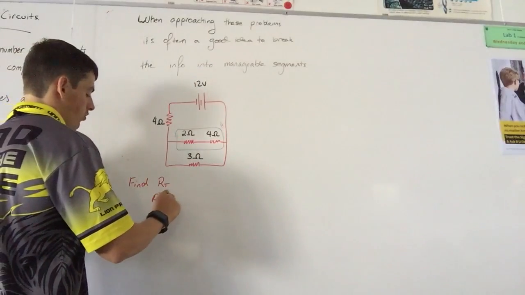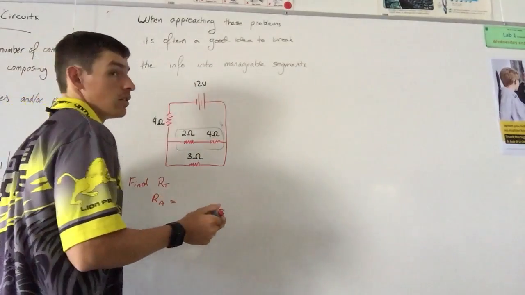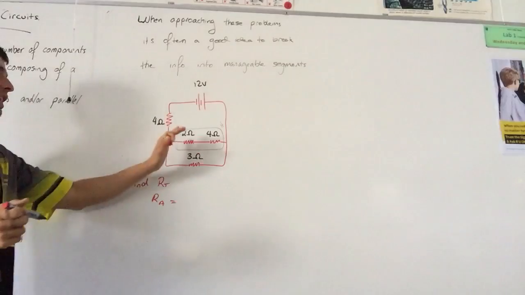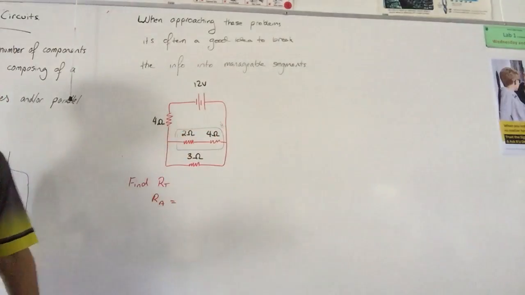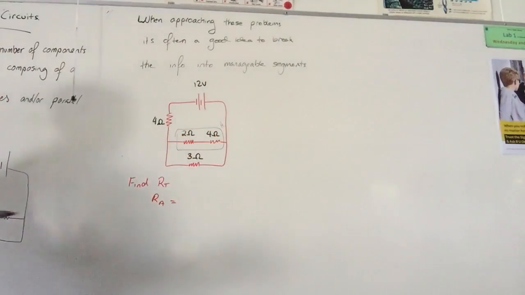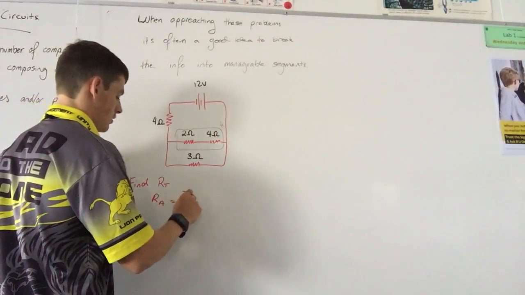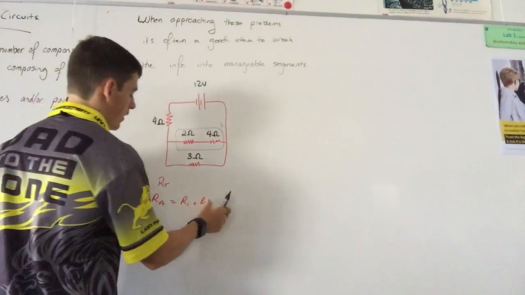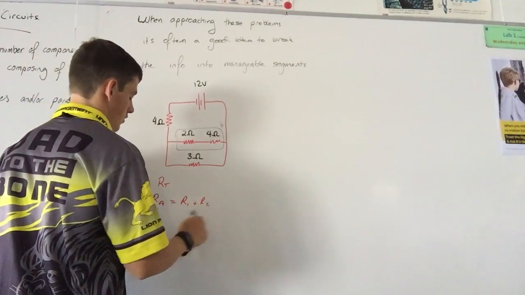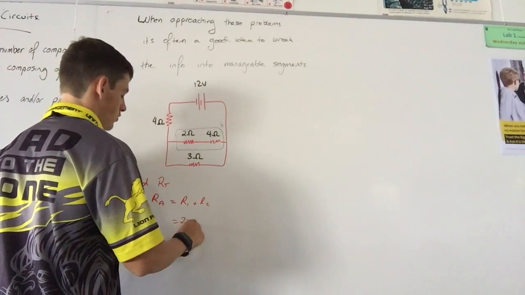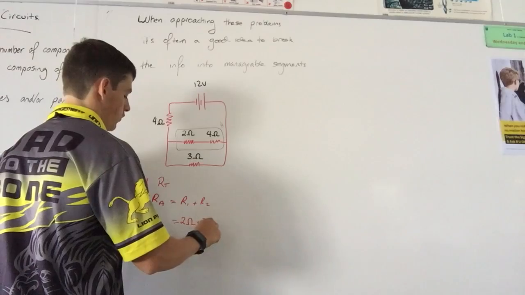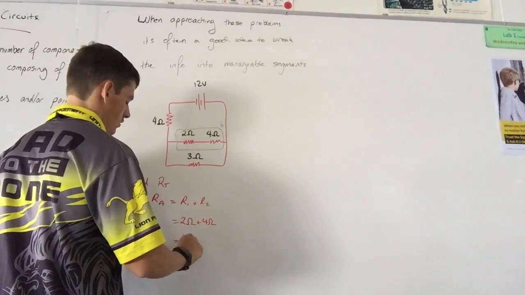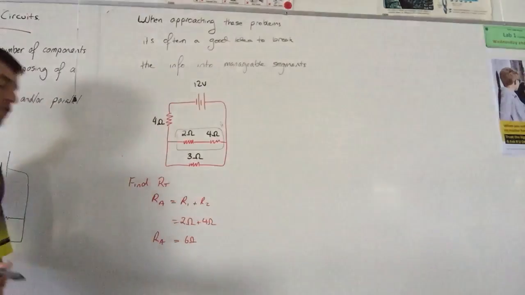Now what type of circuit is RA? Just that line. That's a series. So what's the equation for resistance in series? RT equals R1 plus R2. Yep, so RA equals R1 plus R2, which equals 2 ohms plus 4 ohms. So RA equals 6 ohms.